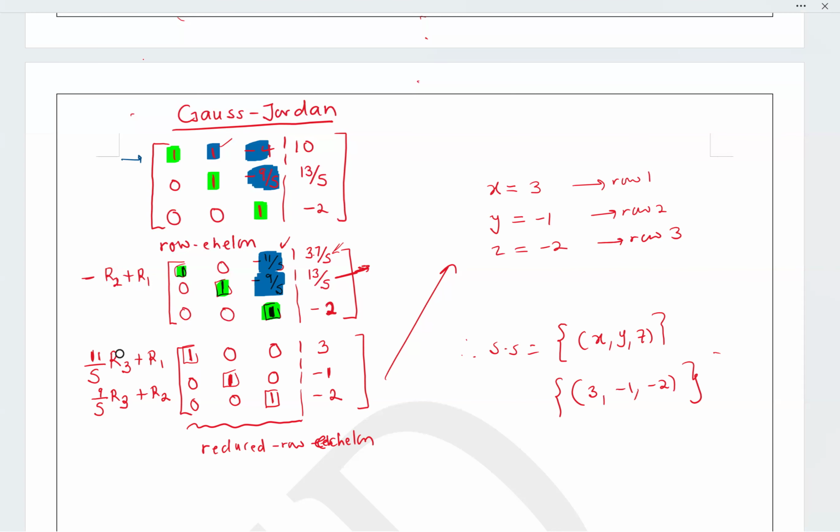So if you are asked to use Gauss-Jordan, you cannot just start from here, right? It's not possible, because you have to start from the beginning. You try to reach echelon form, then you proceed to what? Reduced echelon form. Then you read the answer. You read your solution directly from your last matrix.